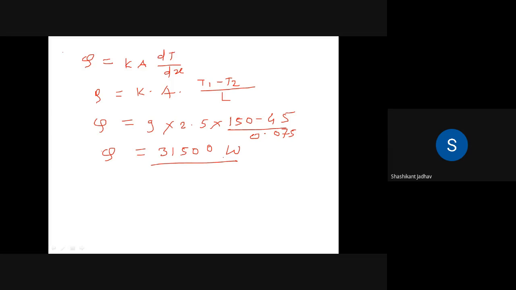T1 minus T2 values are also given in degrees Celsius, that is 150 minus 45, and thickness is given as 75 mm, so we converted into meter, that is 0.075. So we get Q equal to 31500 watt. Okay, so this is about problem number 2.